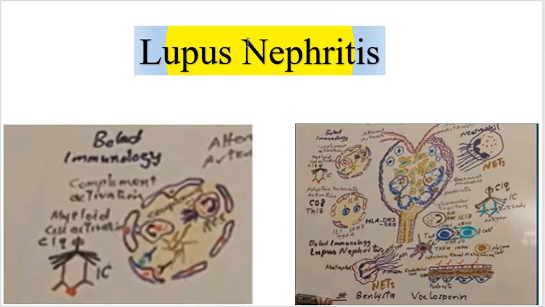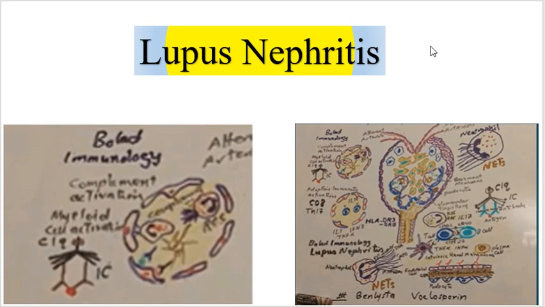In case of lupus nephritis, which is a serious complication of systemic lupus erythematosus, actually 5 out of 10 adults may get lupus nephritis, and 8 out of 10 children may get lupus nephritis. It is due to an excessive formation of immune complexes within the glomeruli.